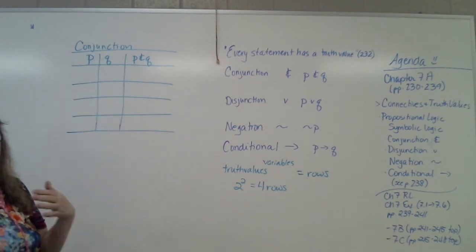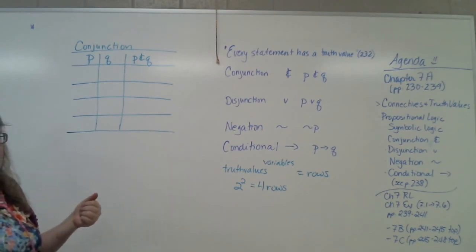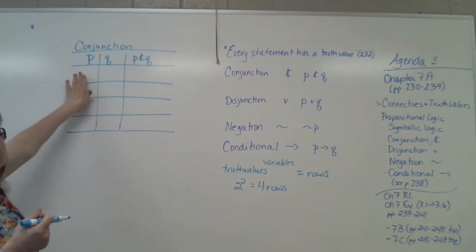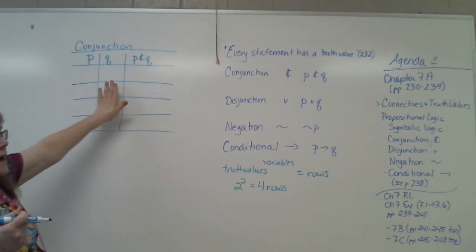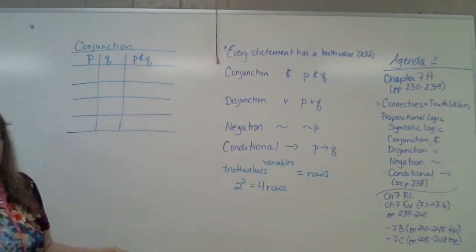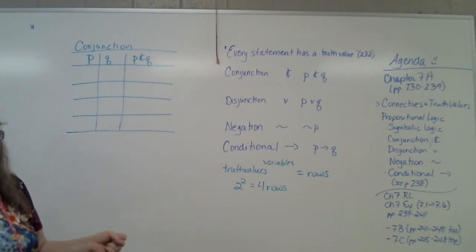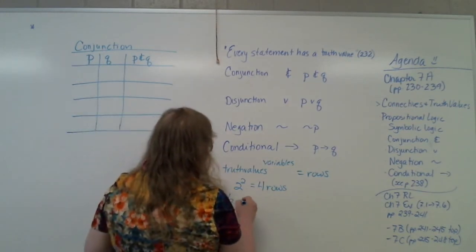You can play and mess around and figure out, okay, I need to have 2 trues and 2 falses for this guy, and 2 trues and 2 falses for this guy. But how do I arrange them so that I get all the possibilities and I don't have to waste a lot of time? Here's the prize. It's the half and half rule.